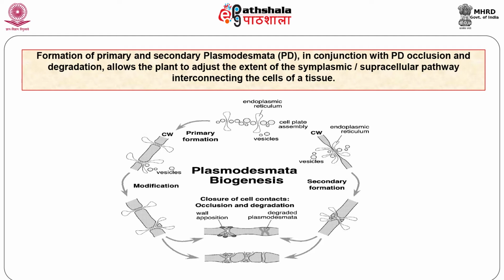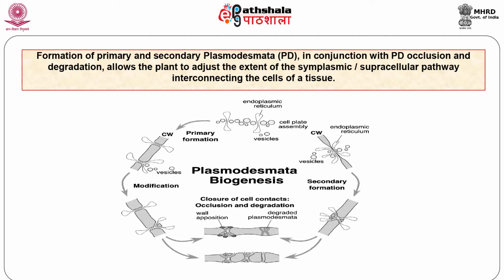In the biogenesis of Plasmodesmata, two types are defined by their origin: primary and secondary Plasmodesmata. Primary Plasmodesmata are formed at cytokinesis at the end of cell division in the developing phragmoplast. During development, these simple structures are replaced by complex arrangements.